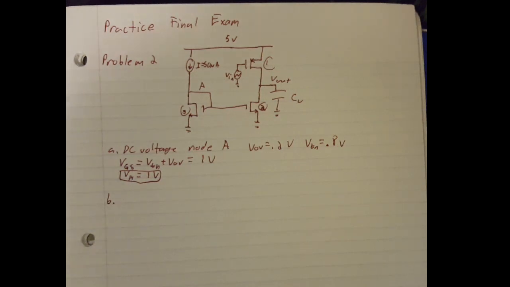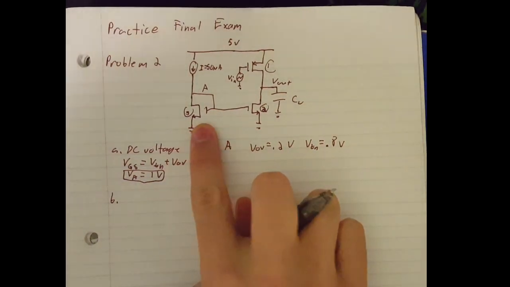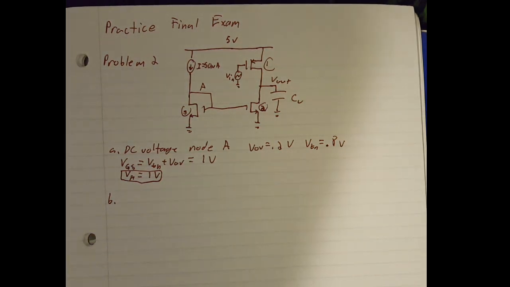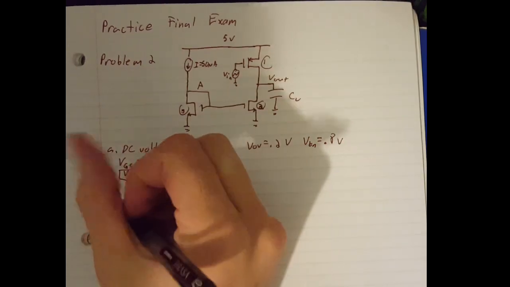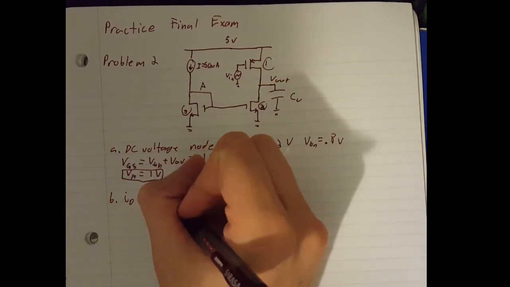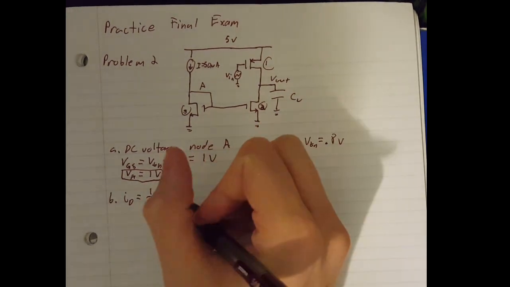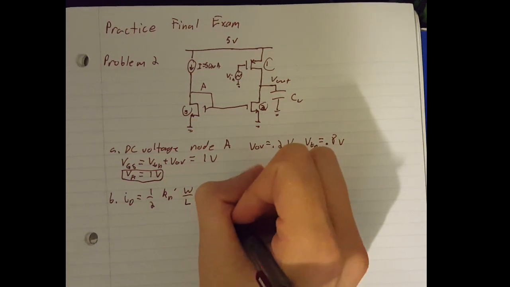Part B wants to know what the widths of Q2 and Q3 are. So what we're going to do here is these are in saturation. So we're going to use the saturation equation, ID equals 1/2 Kn prime times W over L times V over squared.